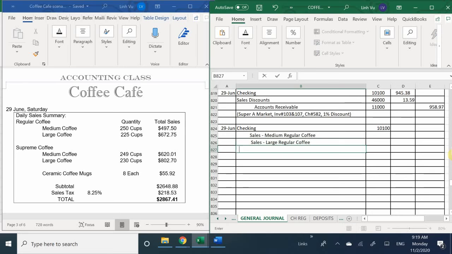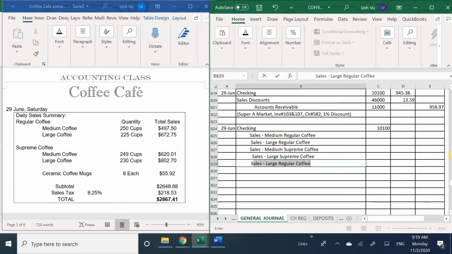Sales supreme medium coffee, then supreme large. Then you have sales large supreme coffee. And what else?